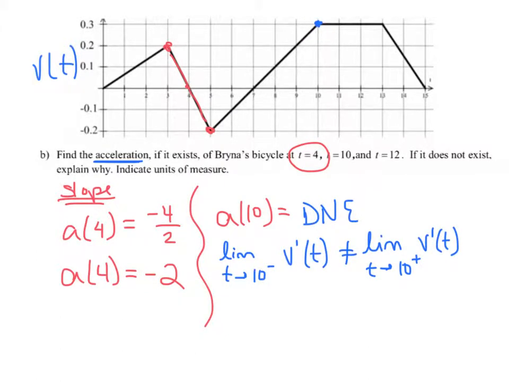Okay, so we're just saying that the slopes of these graphs from the left and from the right is not the same. Therefore, the limit doesn't exist. Therefore, acceleration, the derivative in itself, does not exist.